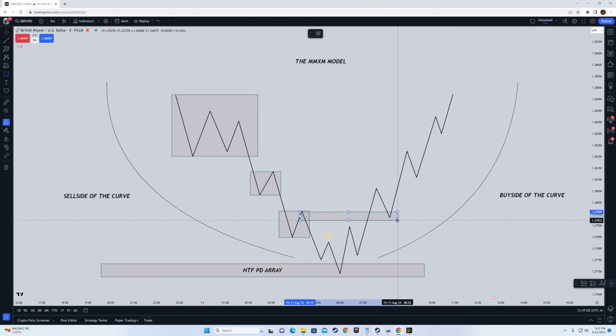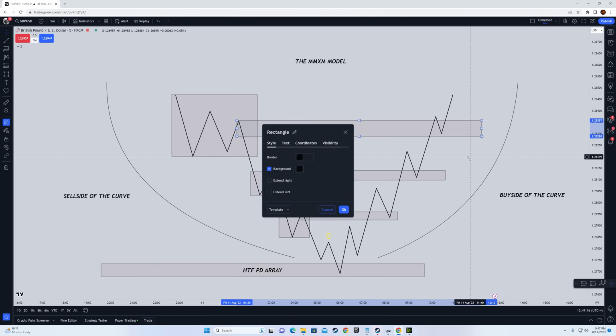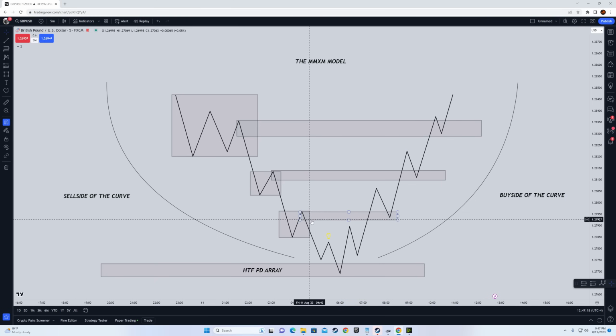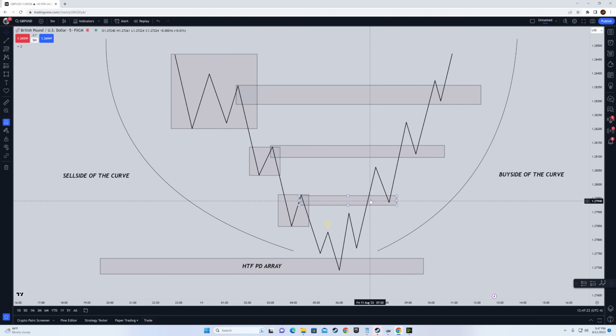So there's going to be a bearish order block here, right? Then there's a bearish order block here, a bearish order block here, right? So now in this bearish order block, I want to see a fair value gap or an order block form, right? So we have this bearish order block here, in the sell side.